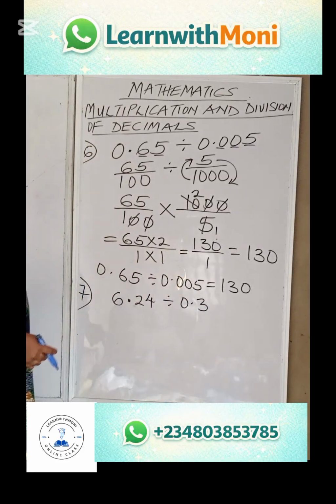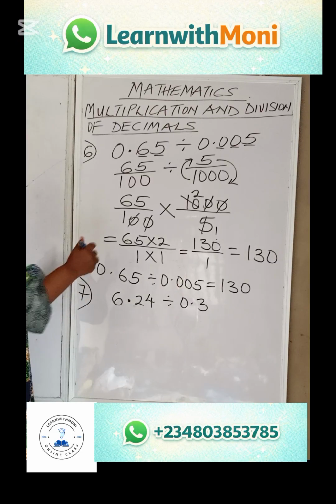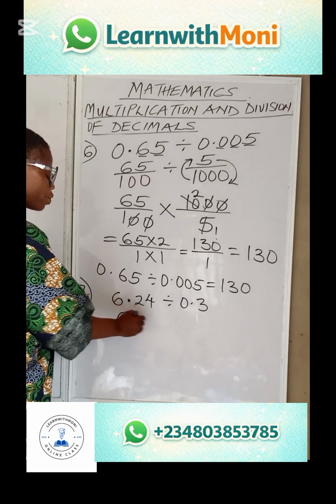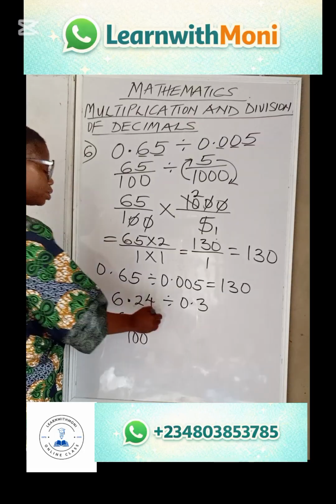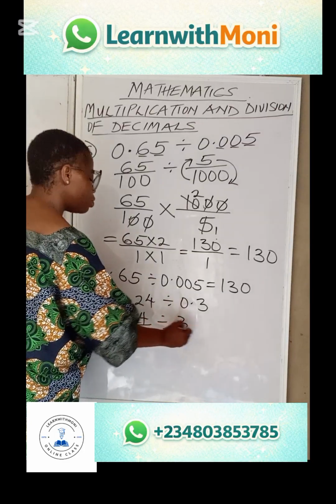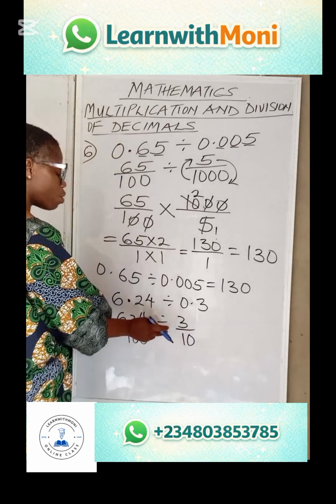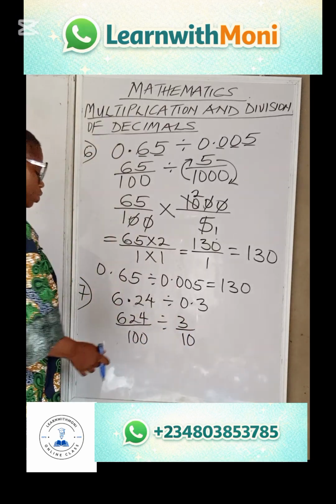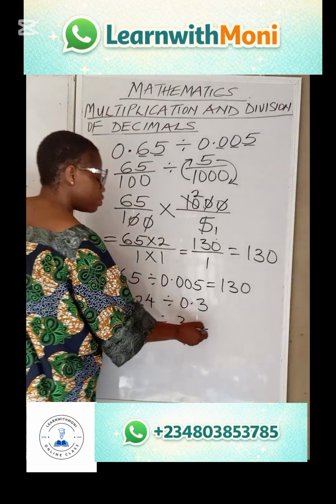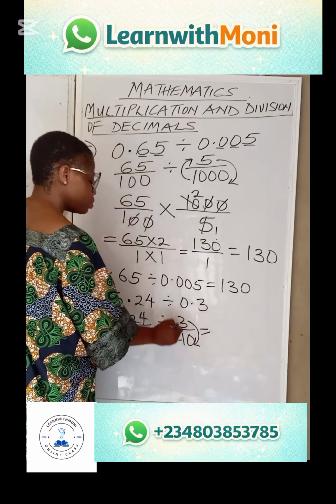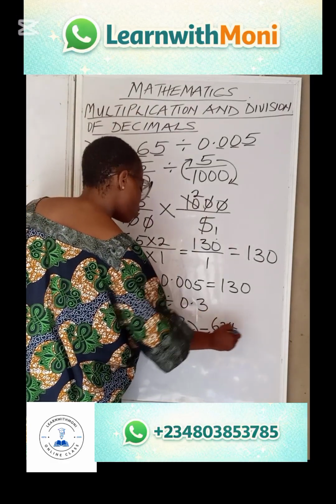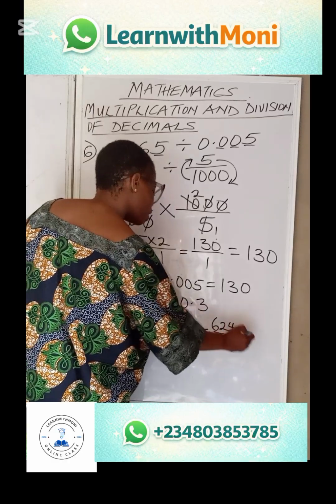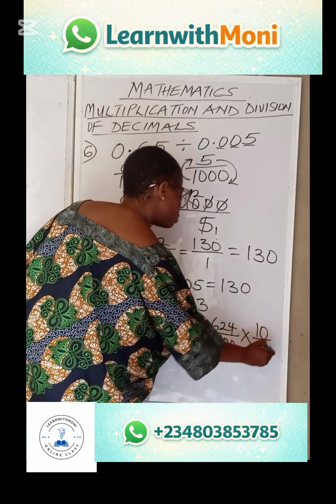Let's do that division that way. 6.24 divided by 0.3. This is 624 over 100 divided by 3 over 10. Converting the division to multiplication and letting the divisor fraction rotate, I'm going to have 624 over 100 times 10 over 3.